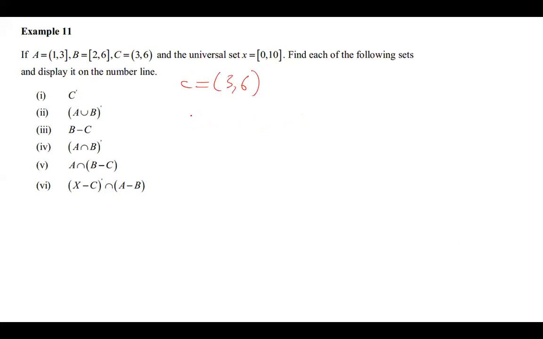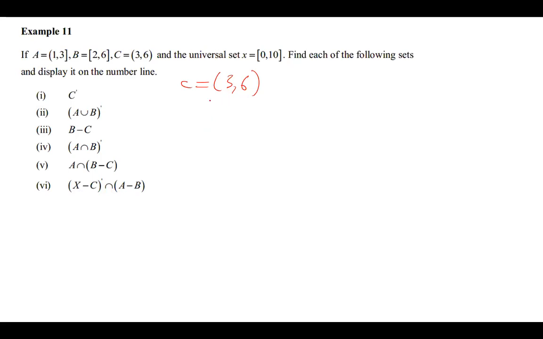That is C, and it's open on both ends. Remember what I said: when you have this kind of bracket, which is an open bracket, it means that the number that is there is not part of the set. So this C is just talking about numbers between 3 and 6, but 3 and 6 are not part of the set.